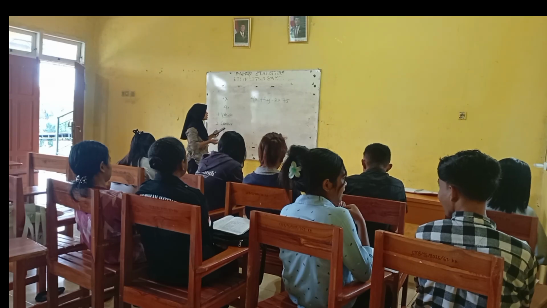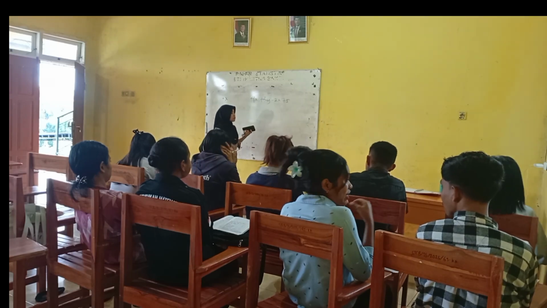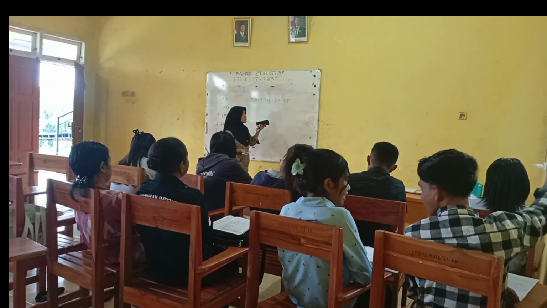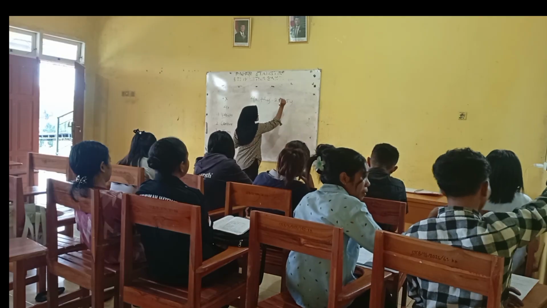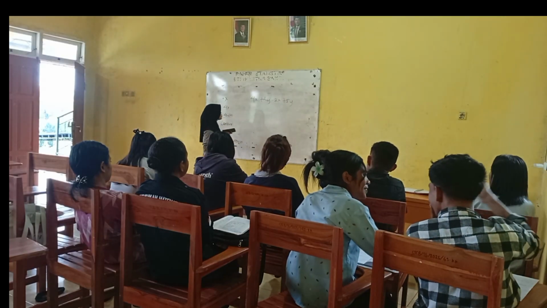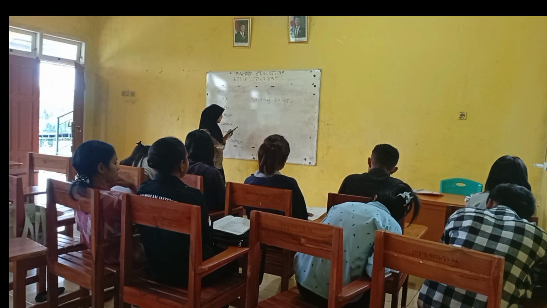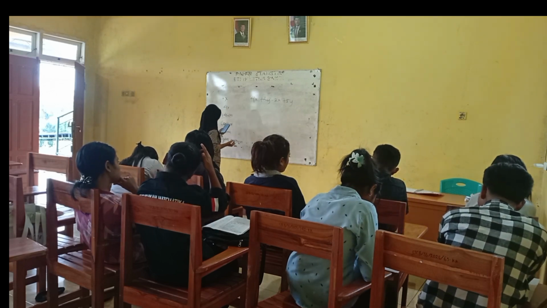For example, simplify 4x plus 2y minus 2x plus 5y. Solution: combine like terms for x and like terms for y.